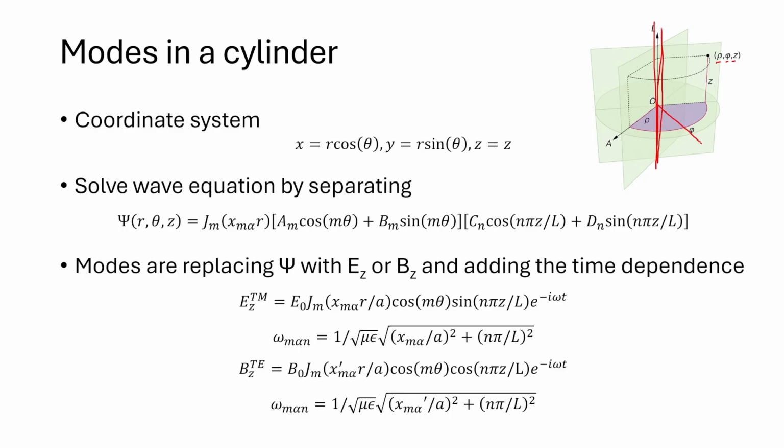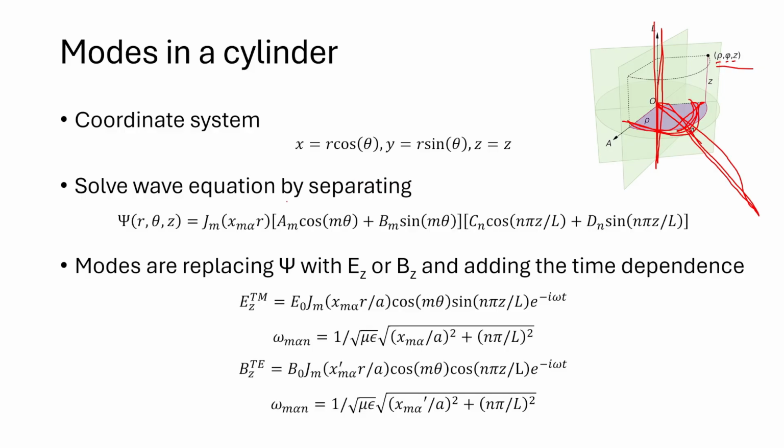Rho is going to be how far away you are from the center, and phi is going to be your angle. So you can still describe any point in 3D space with these 3 numbers. And so the question would be, why would you ever use a different system? And that's because it makes solving equations easier.